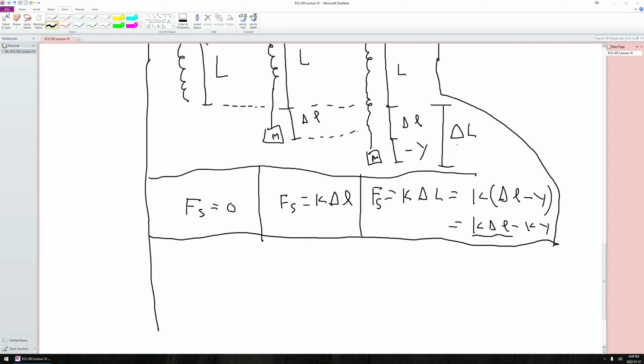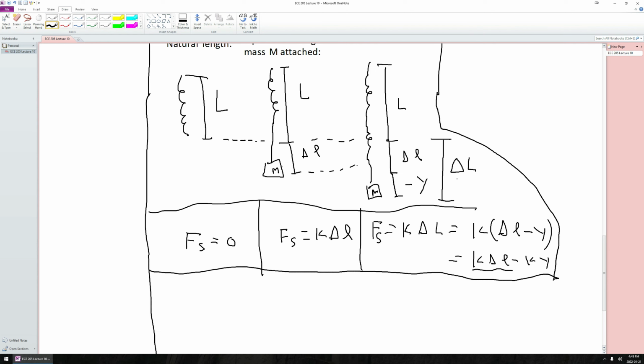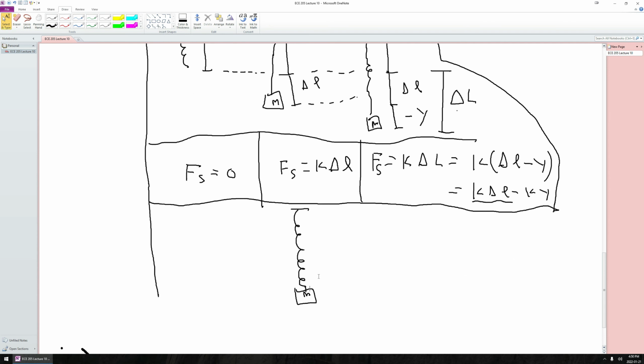Okay, so I don't necessarily know what this delta L is, but I know something about this particular configuration here of the spring. So in this case, the forces on the spring balance out. So over here, if I just kind of redraw this down here, in this case, I only have two forces. The first force is the restoring force of the spring.